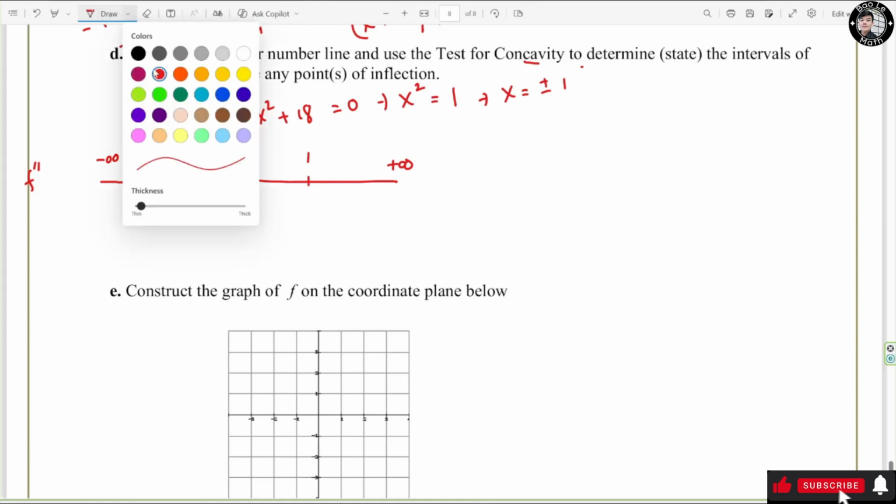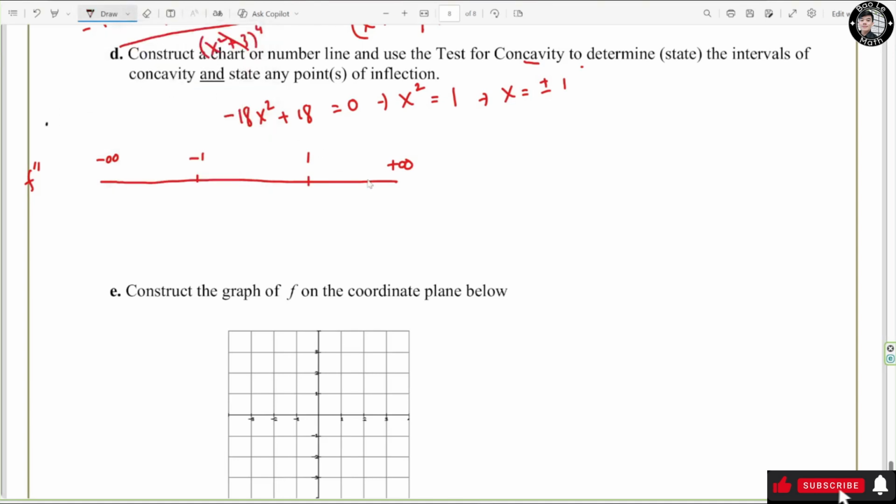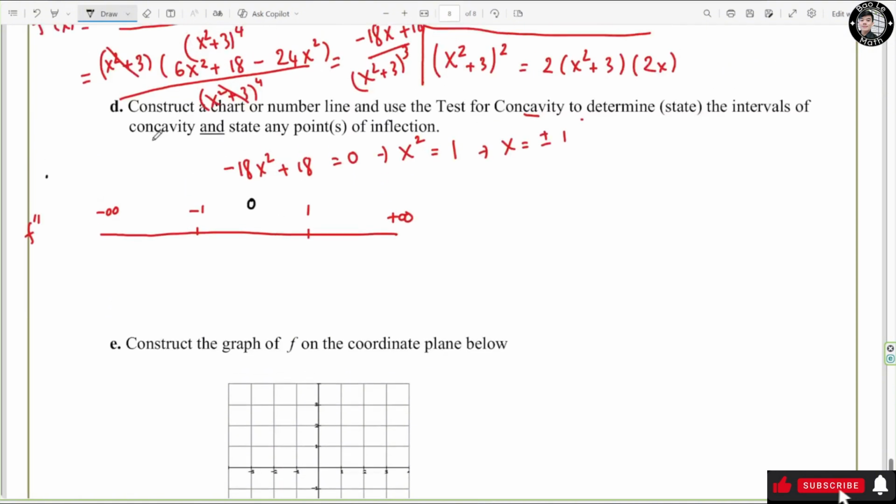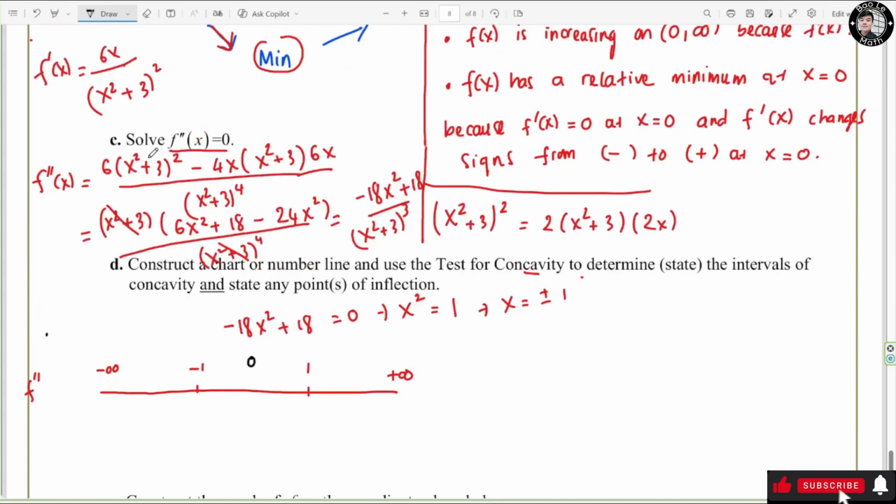Alright, now you're going to test a number. So I'm going to pick the number 0 right here, right? I substitute 0 for s into the second derivative to test the sign, right? Substitute this one over here, so it's going to be positive, right?